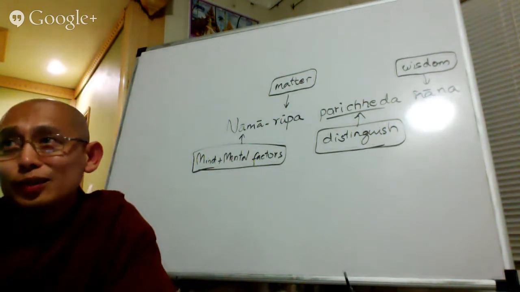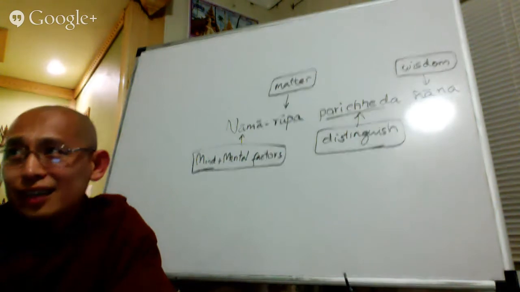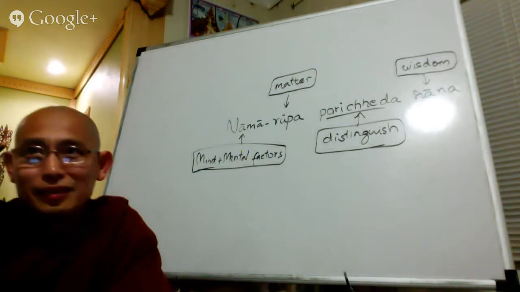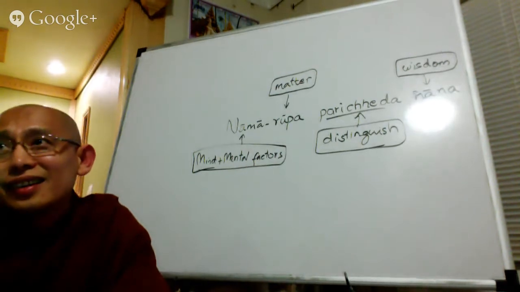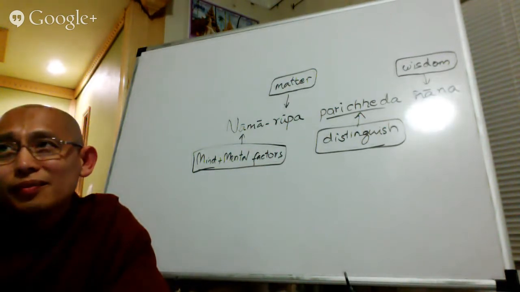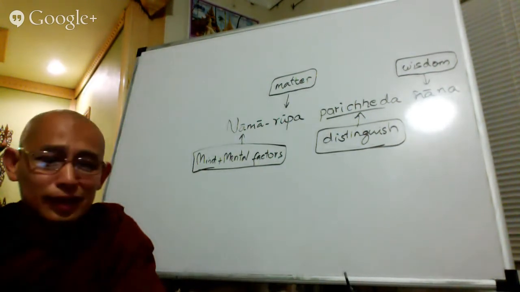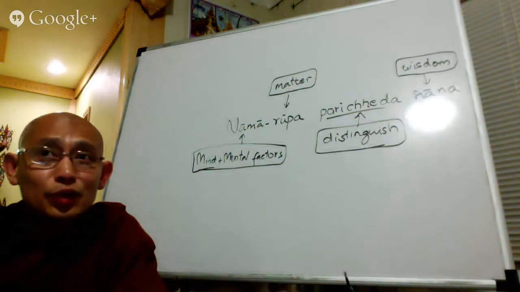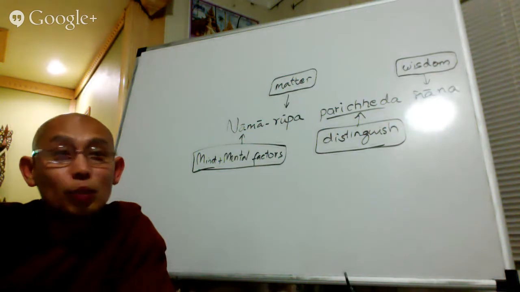In daily usage, we use the word knowledge, like I have knowledge of something, or knowledge in computer science. But here knowledge is not like this. Maybe somebody has very good knowledge to produce the latest weapons.